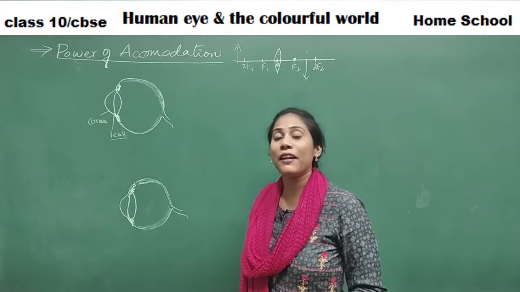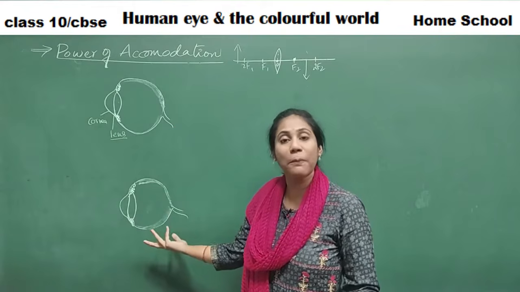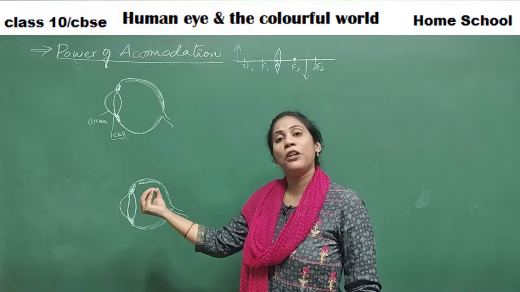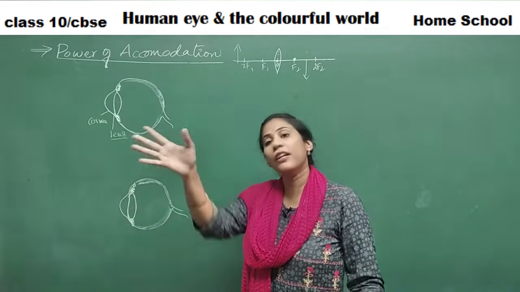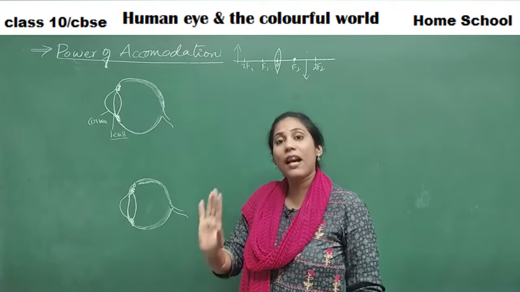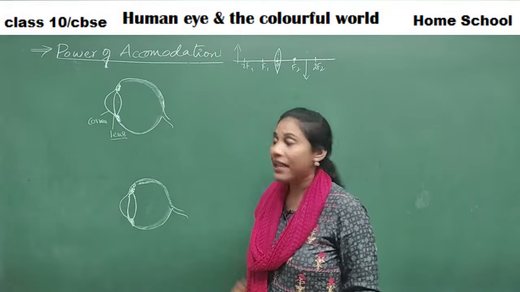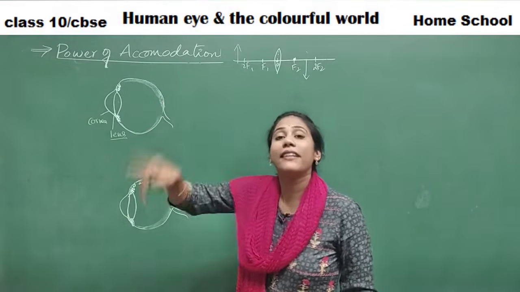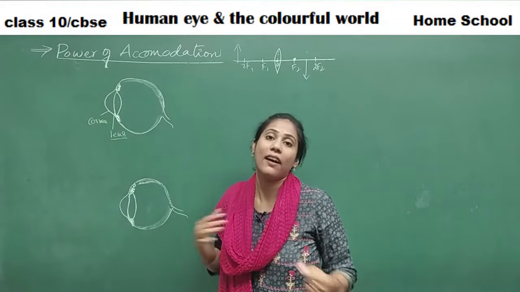But in a human eye, the same convex lens is there, though it is not made of glass. That's a different thing. You keep your object near or far, wherever it is, images are always formed on the retina. That means the refracted rays always meet on the retina, so the image is always formed on the retina.